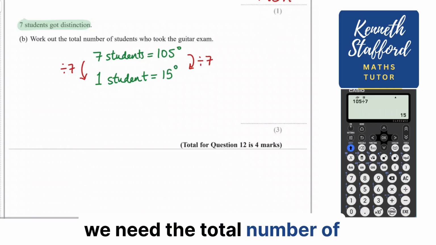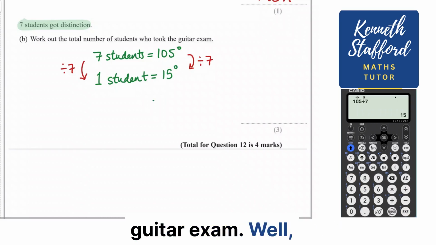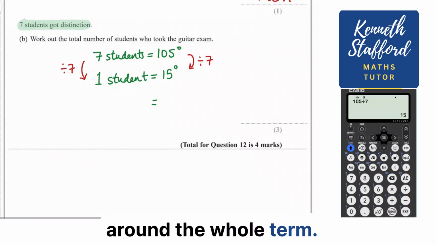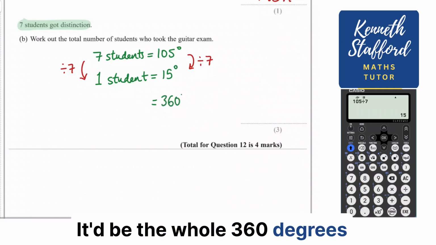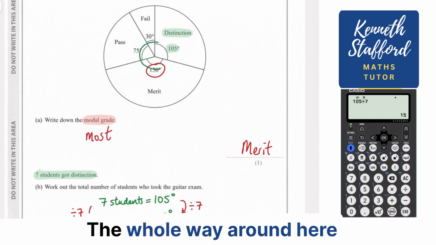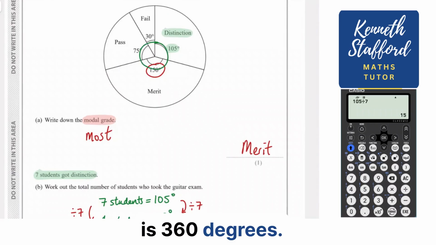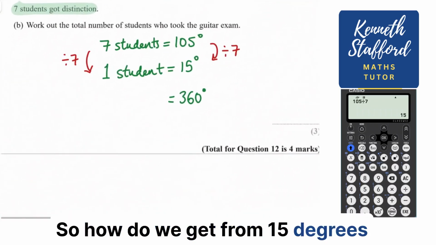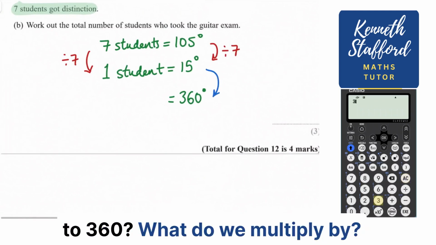Now we need the total number of students who took the guitar exam. Well, the total is all the way around the whole thing. It'd be the whole 360 degrees in the middle of the pie chart. The whole way around here is 360 degrees. So how do we get from 15 degrees to 360? What do we multiply by?